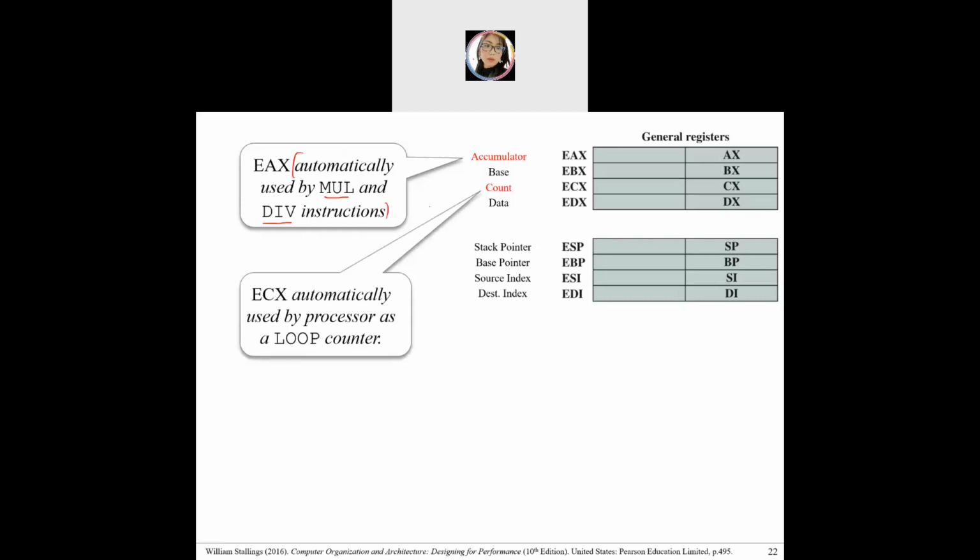Second, you have ECX, which is automatically used by the processor as a loop counter. Remember last time in module 4, when you played around with loops, when you have ECX 5, let's say, then you are having a loop. It's going to decrease until you have 0.